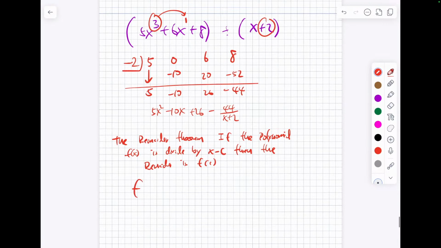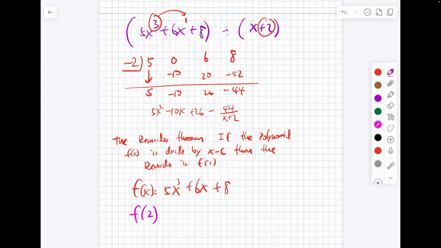If f of x is equal to 5x cubed plus 6x plus 8, for the previous example, this means if I were to plug in negative 2, what is the remainder?